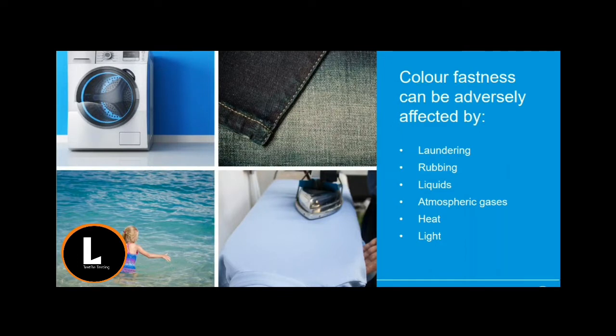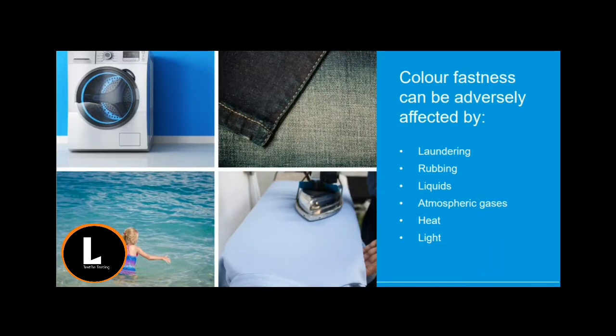It can also include solvents and cleaning fluids, and even perspiration and saliva as well. Colour fastness can also be affected by atmospheric gases. They can also be affected by heat. So ironing clothes is a good example of this. And of course, the focus today, light.